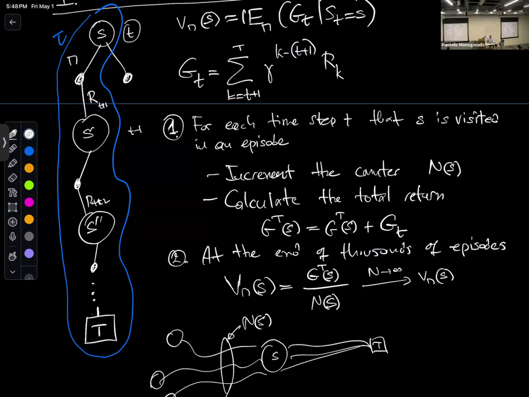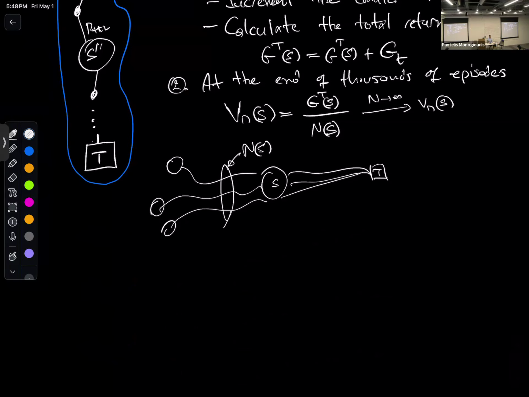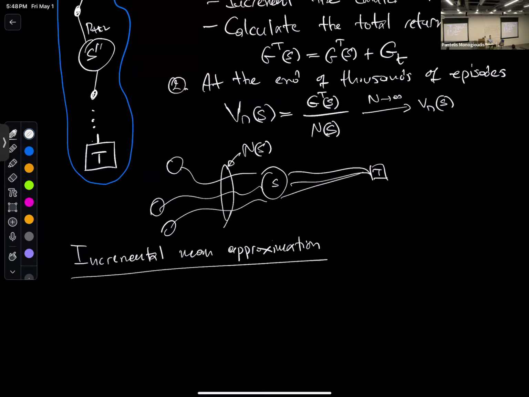Now we will do something that will connect that to the same expression we saw earlier in the Kalman filter discussion. I want to spend some time on describing what is called the incremental mean approximation. That will allow me very easily to do the following.